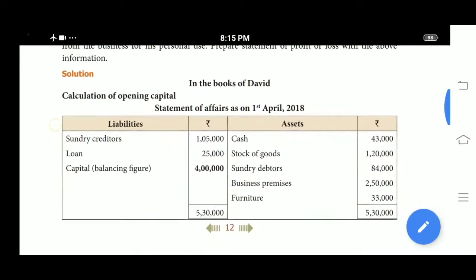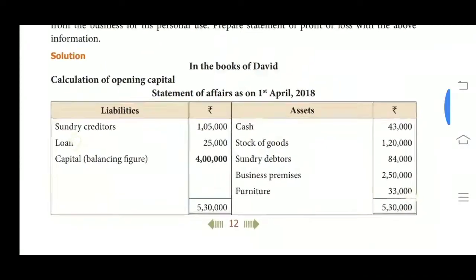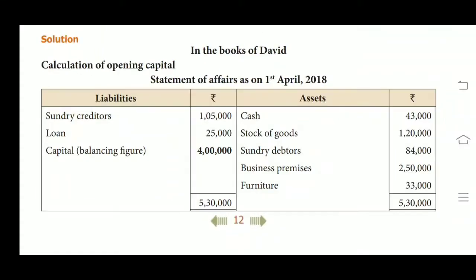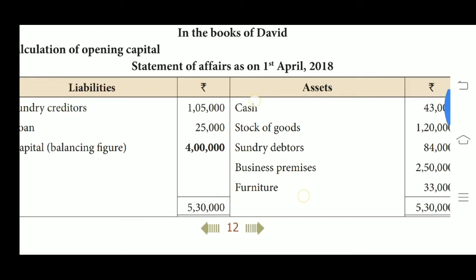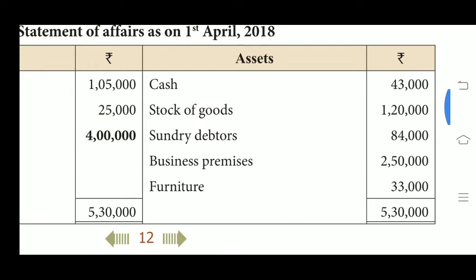Statement of affairs as on 1st April 2018. First, all the assets values will be entered on the right hand side. Cash 43,000, stock of goods 1,20,000, sundry debtors 84,000, business premises 2,50,000, furniture 33,000.